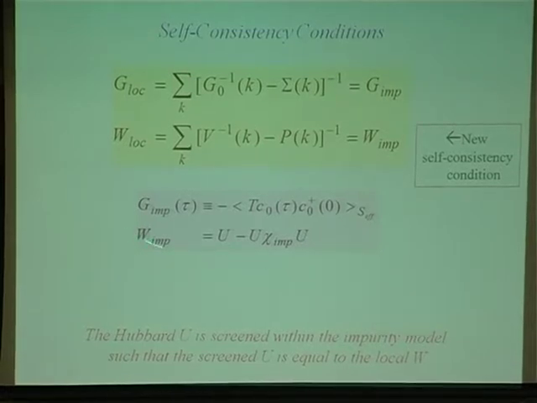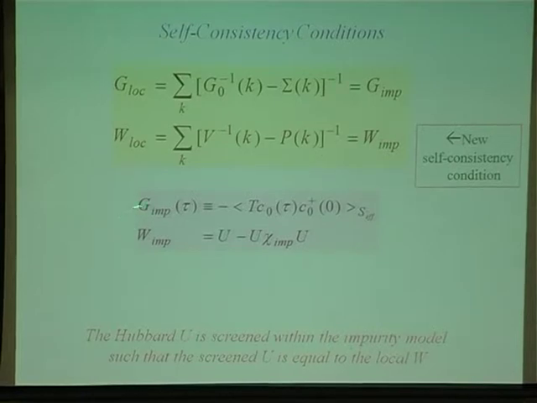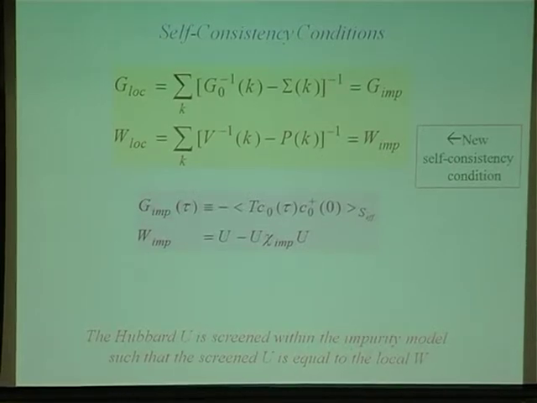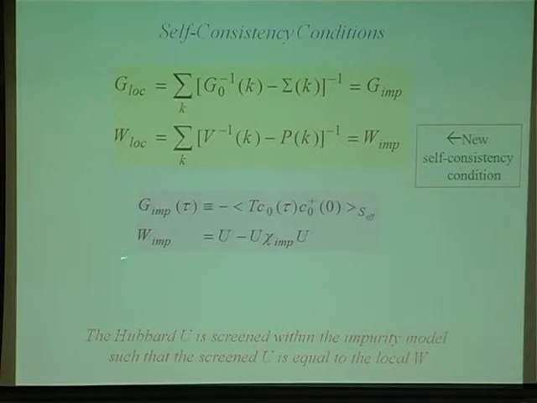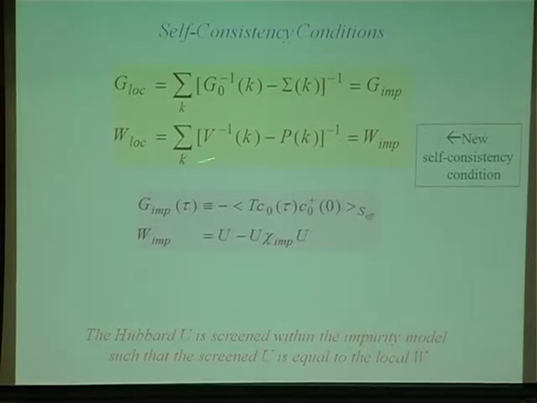So these are the impurity Green's function and the impurity screened interactions. The picture is that when we solve the impurity problem with a certain Hubbard U, this Hubbard U is screened within the impurity model in such a way that it is equal to the local W that you obtain from the full lattice.